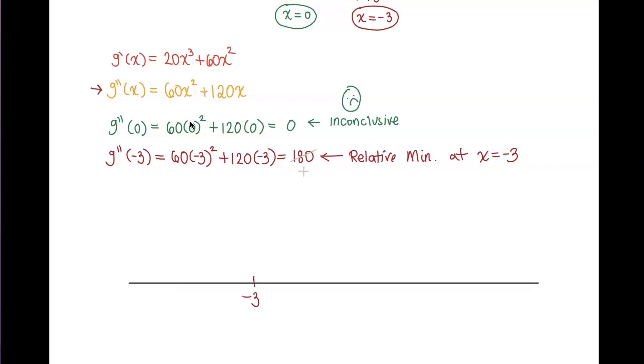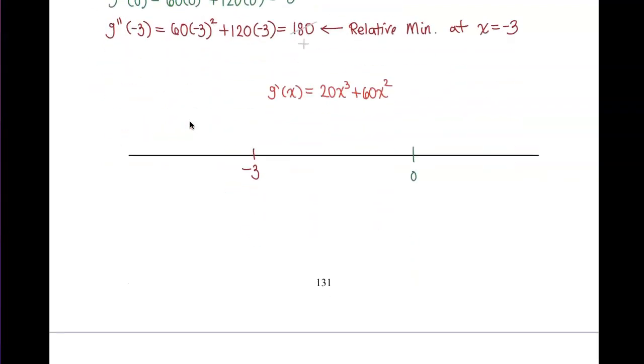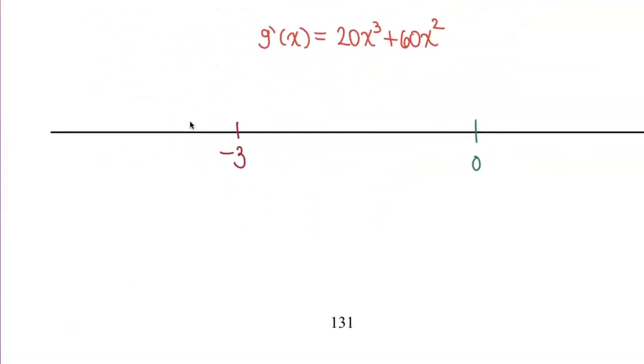And the other critical value, that little troublemaker that was inconclusive, is 0. So I'm going to run the first derivative test using this first derivative. Let's check the sign of the first derivative to the left, to the right, and in the middle to identify the increasing and decreasing interval.